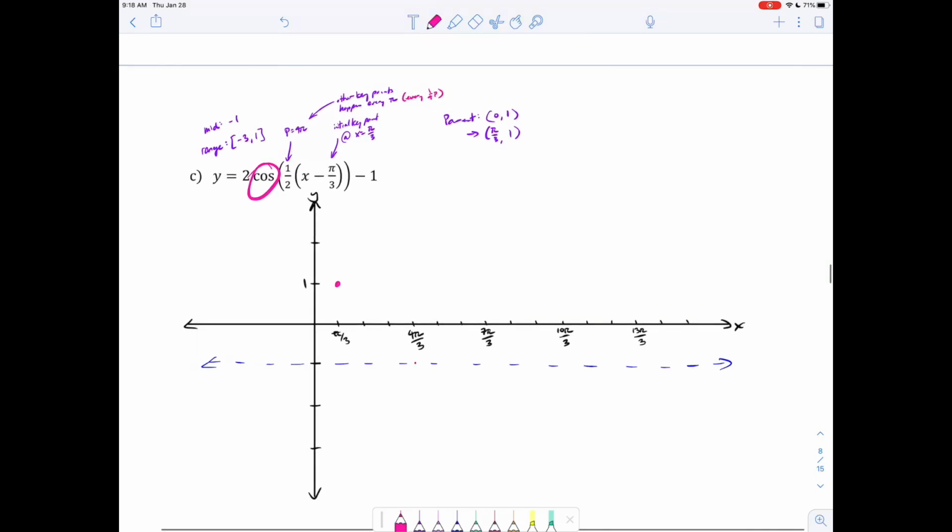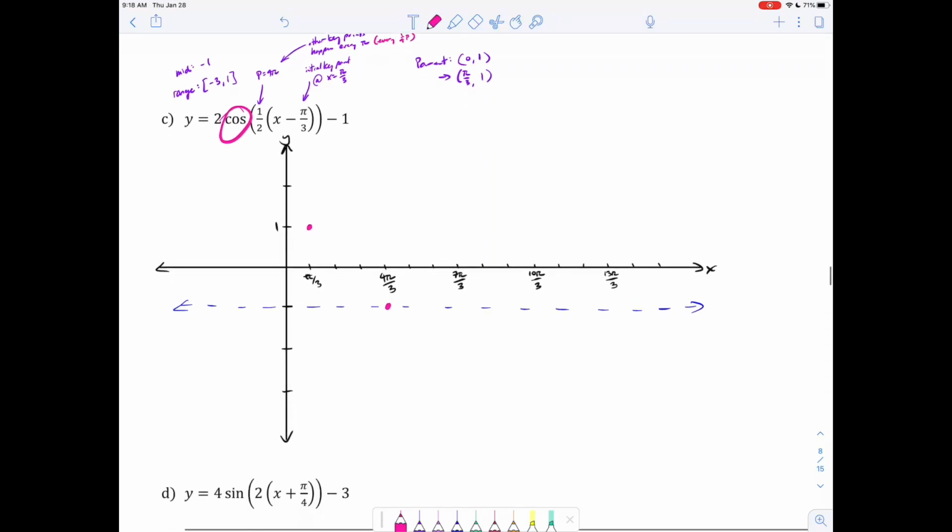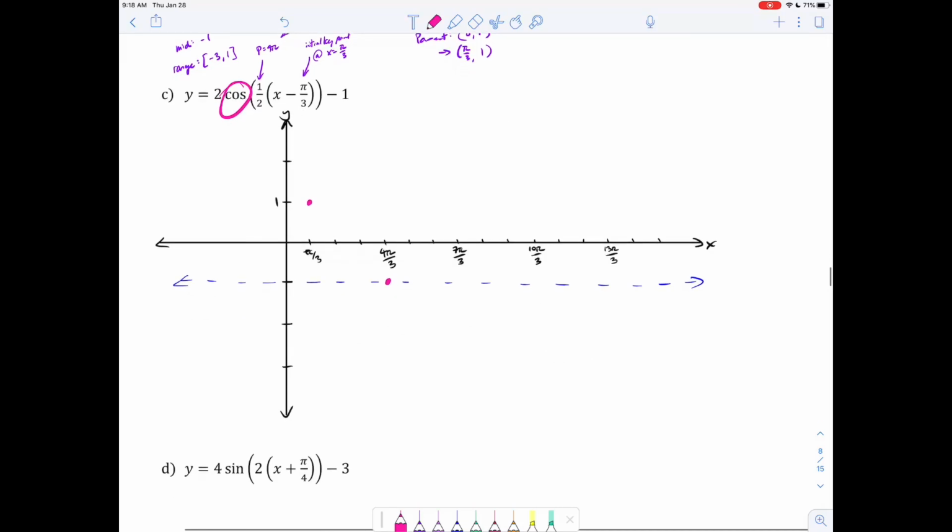So the next one is at the middle. The next one is at the bottom, way down here. Then the middle again, then the top.